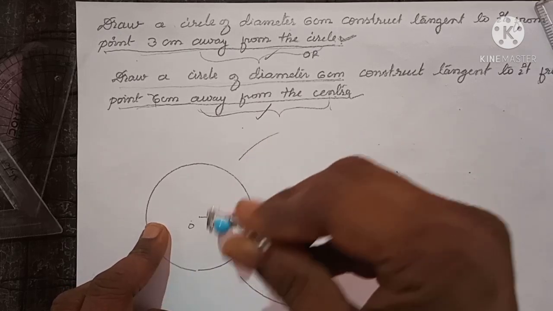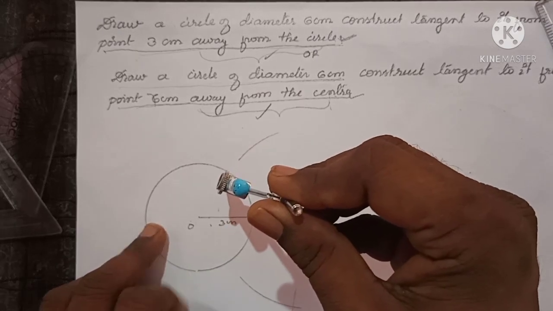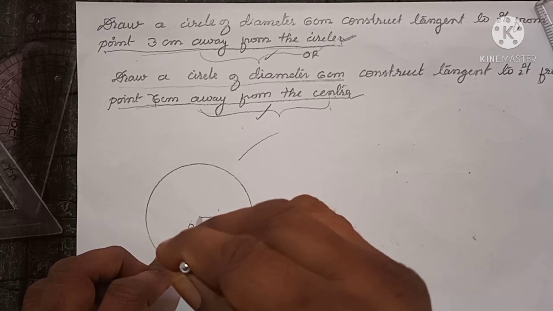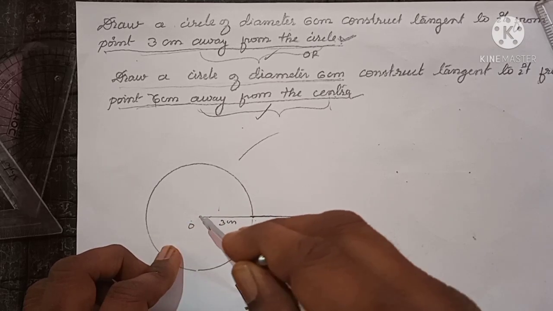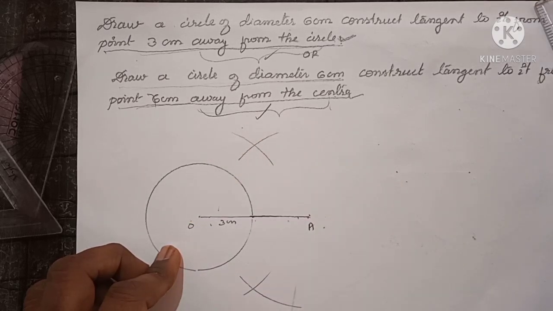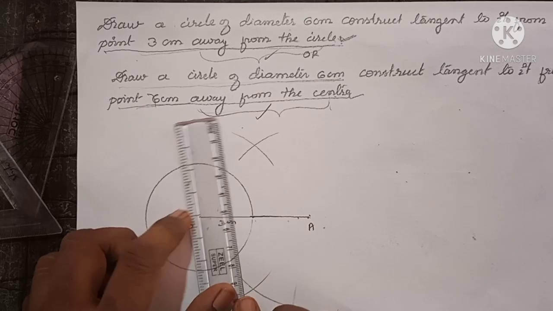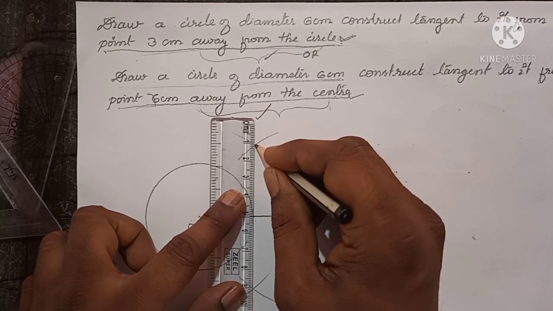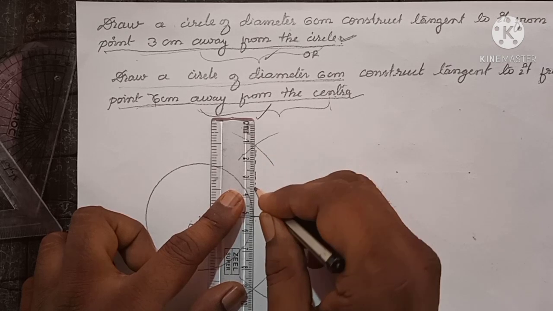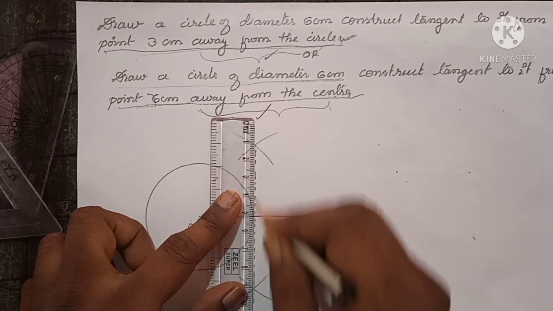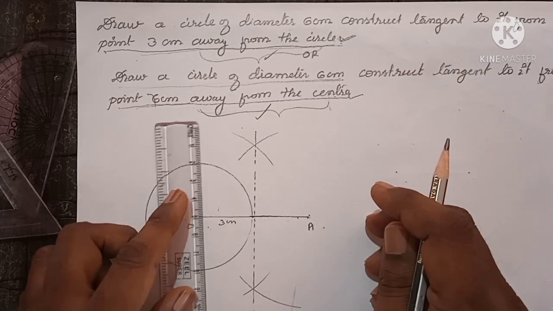Without changing this length, put the point on the center of the circle and cut the previous arc, and join the line. You can draw dotted lines, or straight lines also.